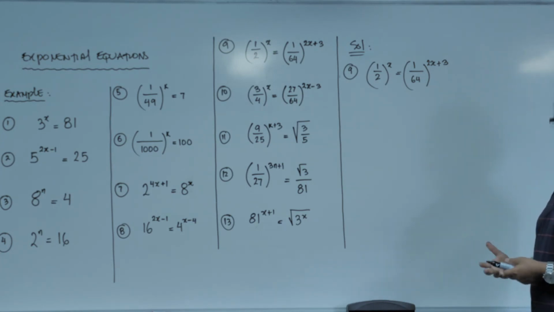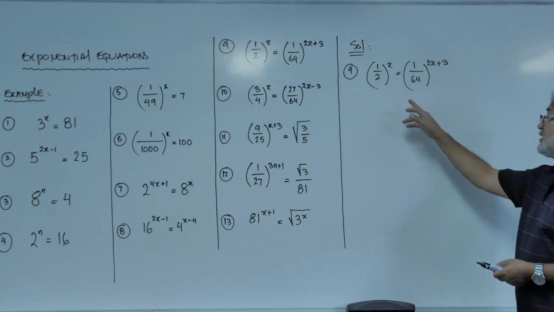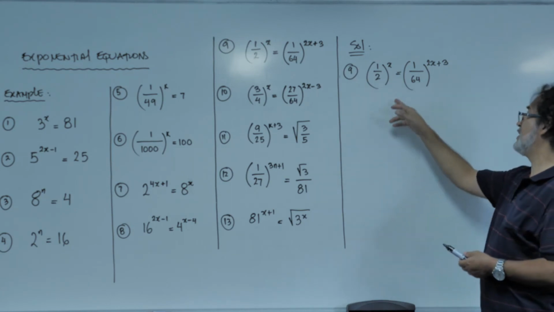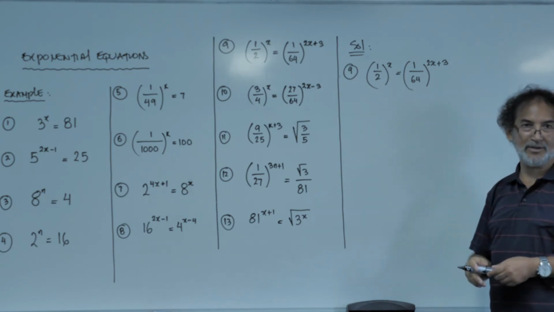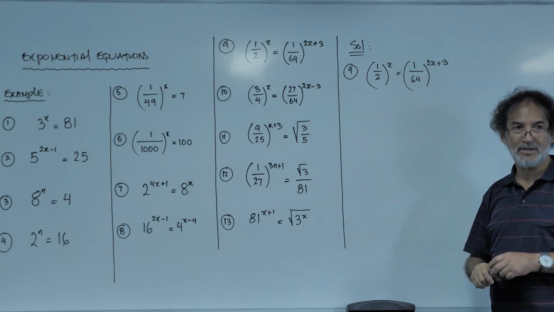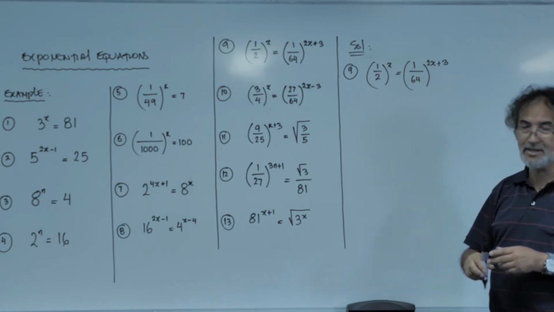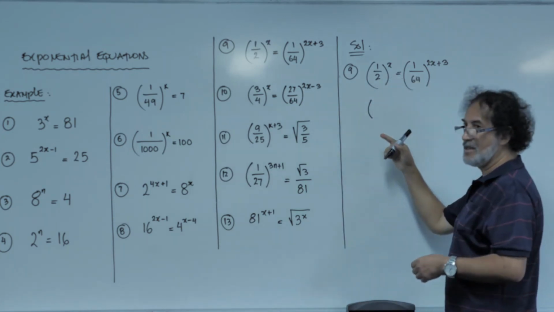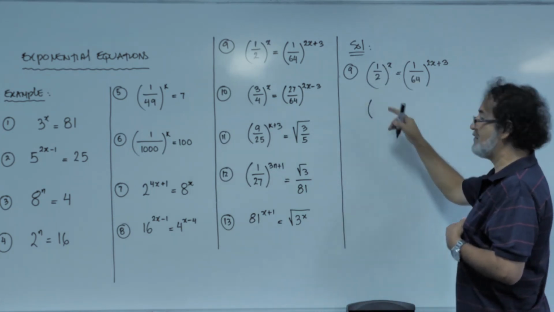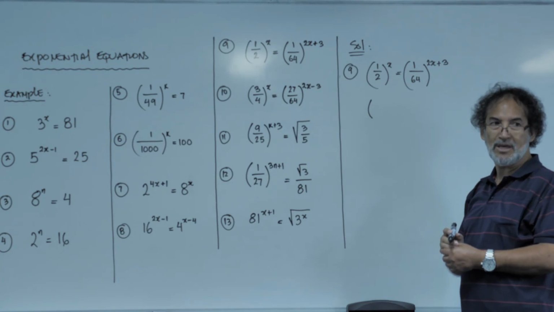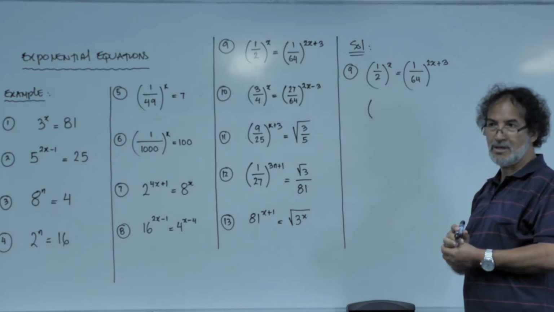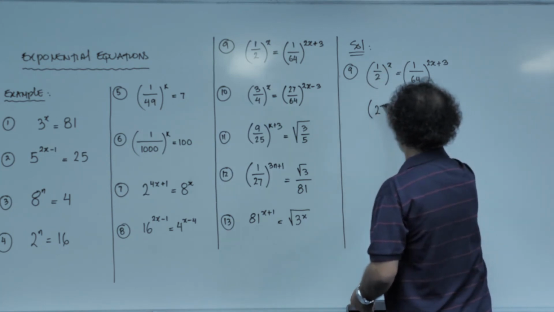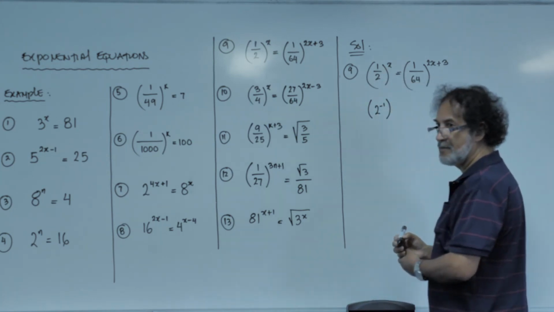There's no way that we're going to make 2 look like 64, but I really want to make 64 look like 2 to the power of something. And it's 2 to the power of 6. Also, do you understand if I do half as 2 to the negative 1?